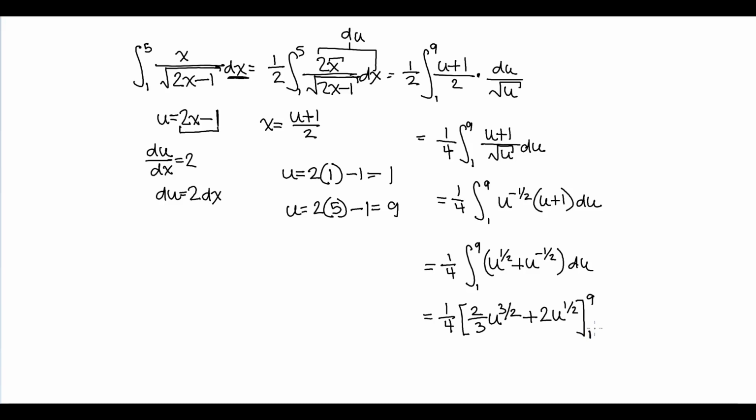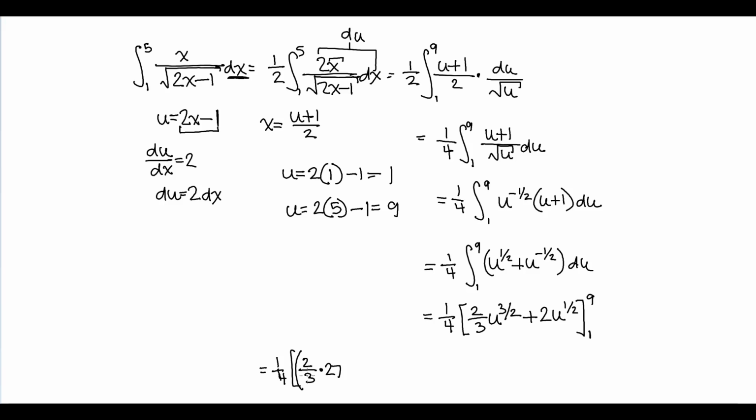So let's consider 9. This equals 1/4 times 2/3 times 9 to the 3/2. What is 9 to the 3/2? Well, that's 27. It's 27 plus 2 times u to the 1/2.